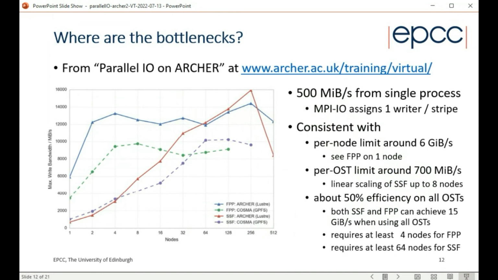Therefore, if you had enough nodes or enough files, you could achieve 15 gigabytes per second, which was nice. So both single shared file and file per process can achieve 15 gigabytes per second when using all the OSTs, which is up in this limit here, above 50 nodes.